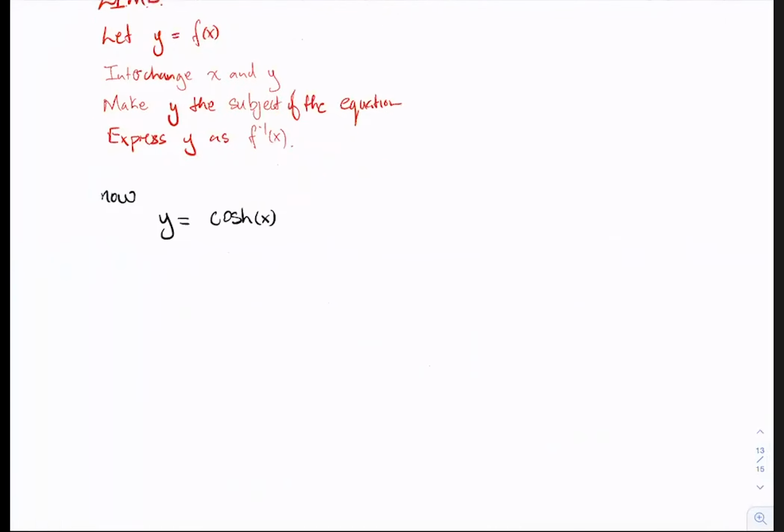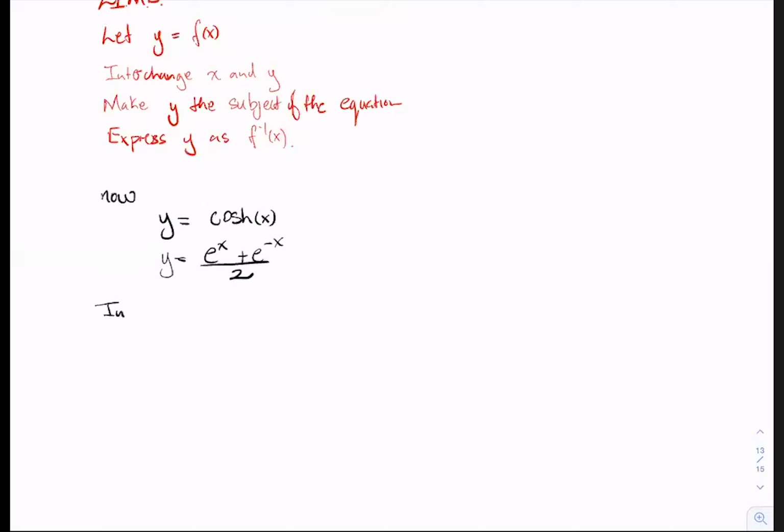So y is equal to cosh of x. This means we can write this as y equals e to the x plus e to the minus x, divided by 2, right? So our second step would be to interchange x and y.